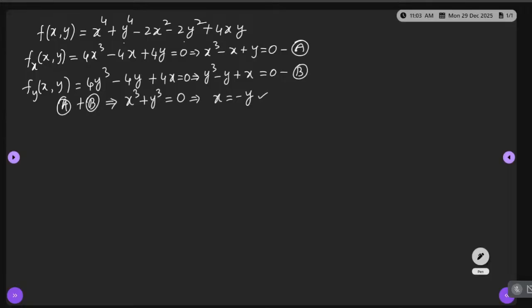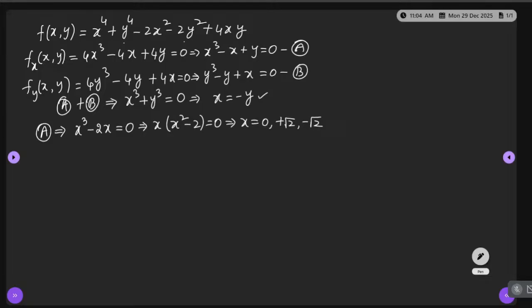If x equals minus y, what will be equation A? X cube minus 2x equals 0. X into x square minus 2 equals 0. X equals 0, plus root 2, minus root 2.